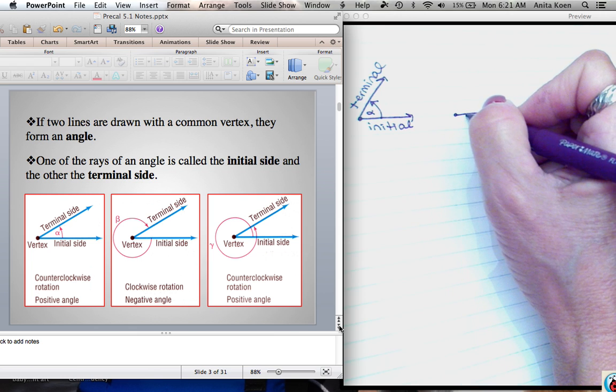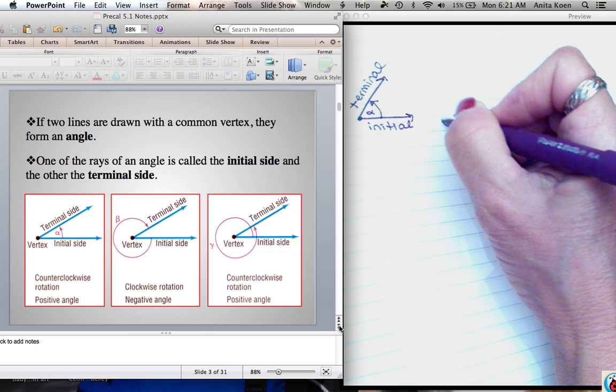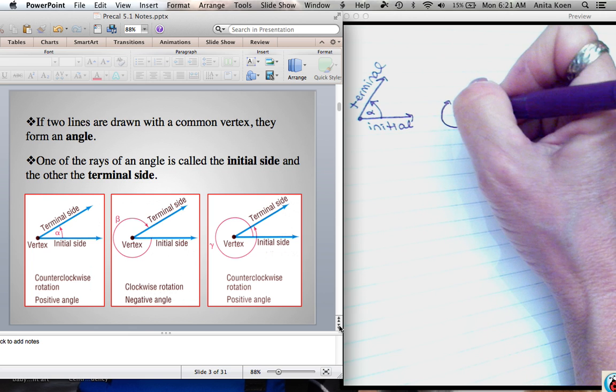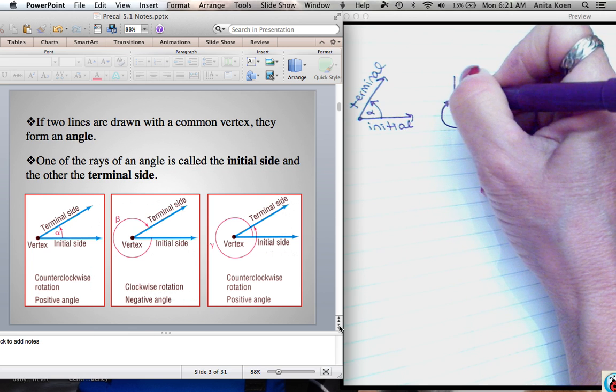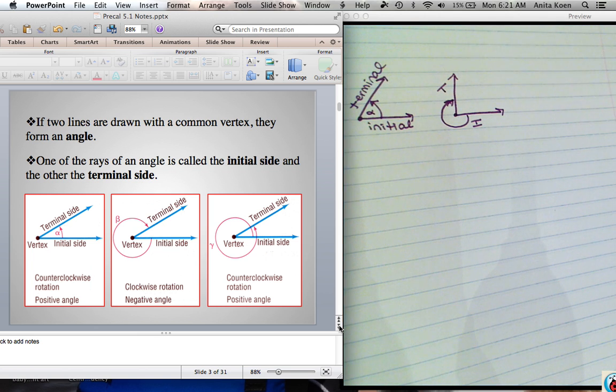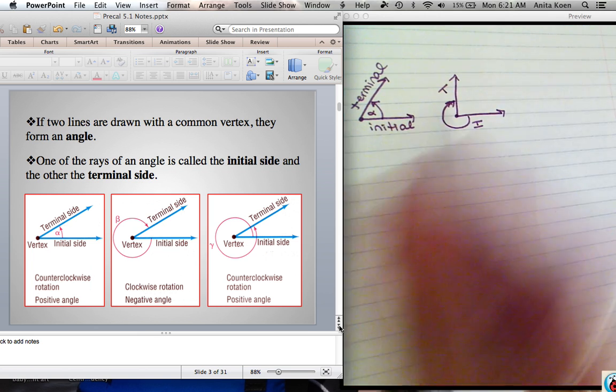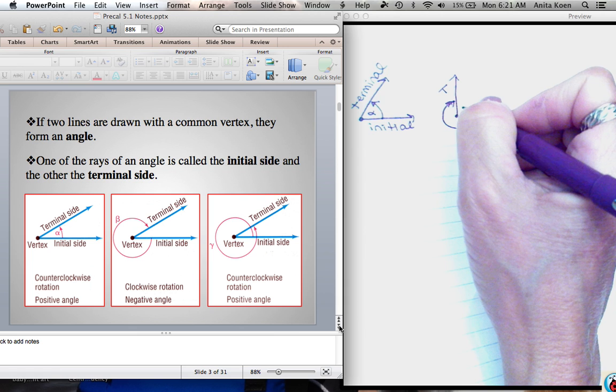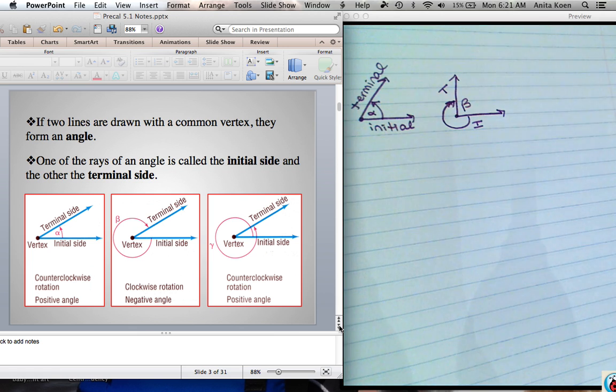If I rotate this around the other way, then I have a clockwise rotation, and this ends up being a negative angle. We'll call this one beta. Okay, a counterclockwise rotation, remember, is a positive angle, and a clockwise rotation is a negative angle.